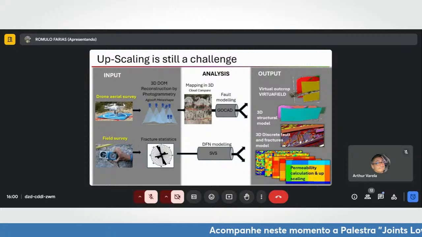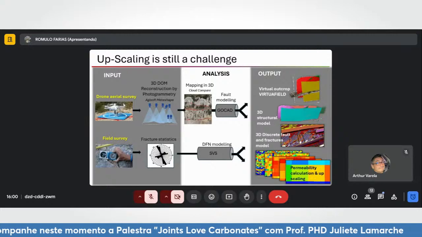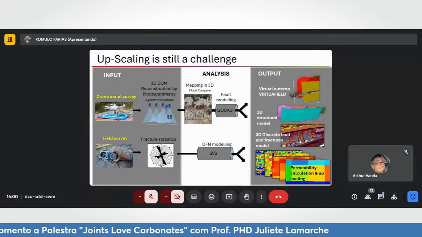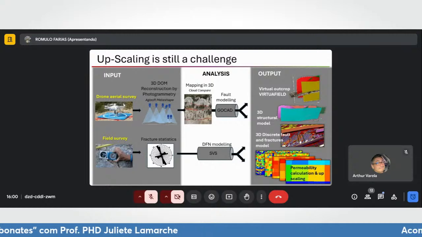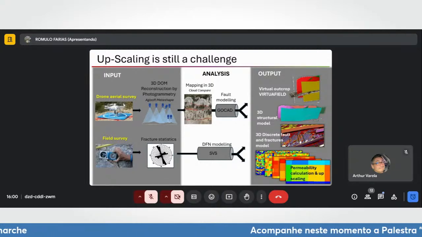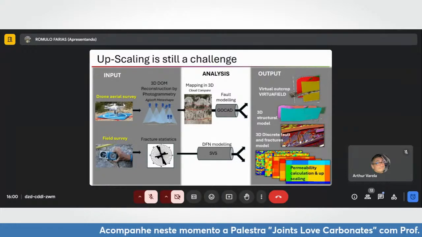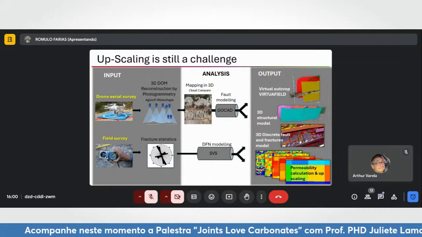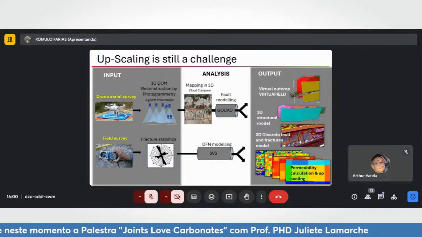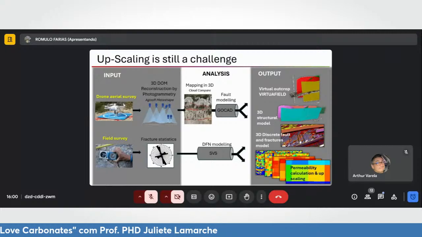We use a huge data set with the Fracabut system, and then we make 3D models, so structural models, DFN models, and then with different scales, we calculate the permeability. And the idea is to homogenize the permeability that we have with very coarse models and the one we have with very high resolution models. So this is the way.